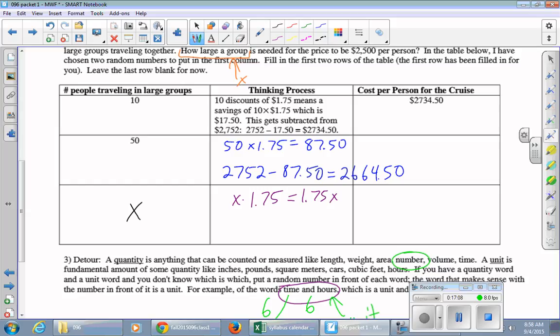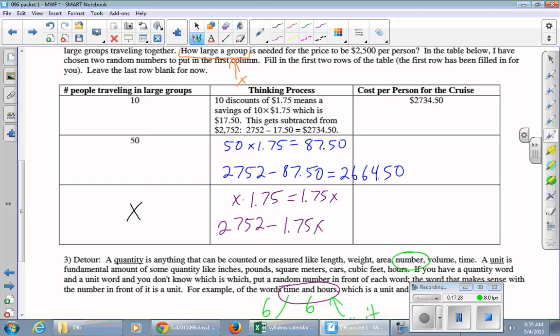In the first row, what was it here? 2752 minus the discount of 1750. In the next row, it was 2752 minus the 8750. What should it be here? That's it.